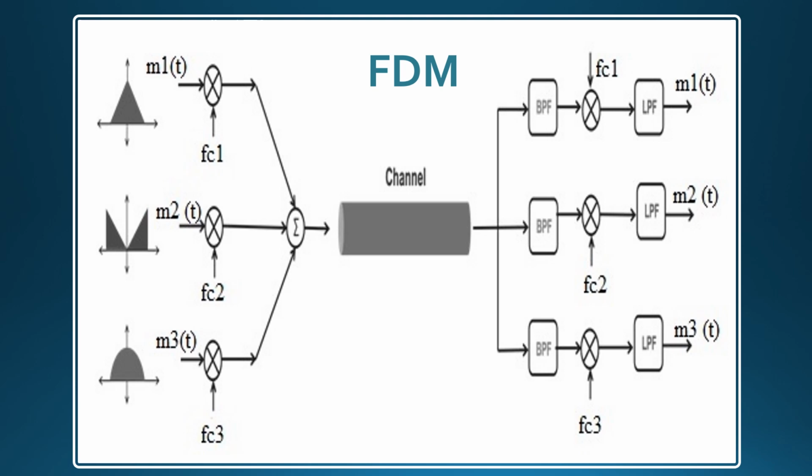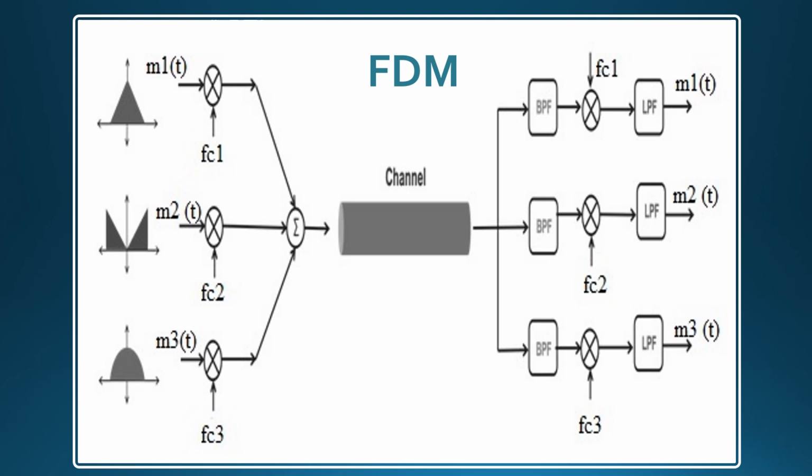On the right-hand side, there is a band pass filter present, which allows a desired frequency to pass through. Due to this band pass filter, the desired frequency of F1, F2, or F3 can be accepted. Here we got the signal.